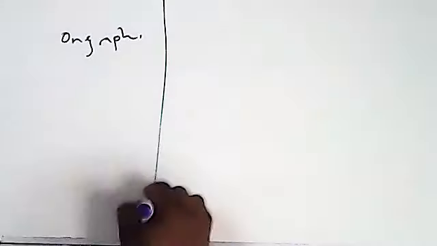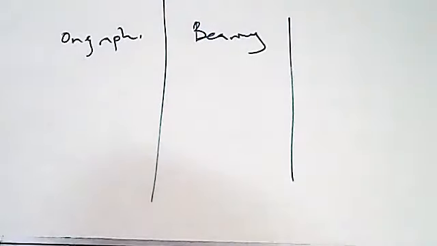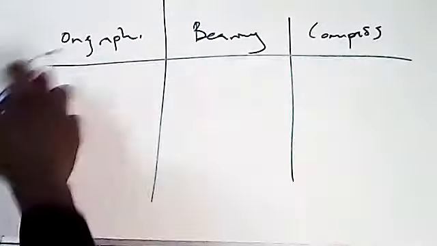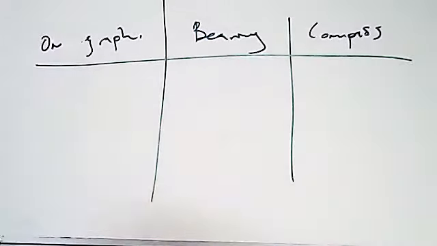It can be represented on a graph, and it can be represented on a bearing, and it can also be represented on a compass, or what we call the cardinal points, right? So it can be represented on a graph, bearing and the compass.